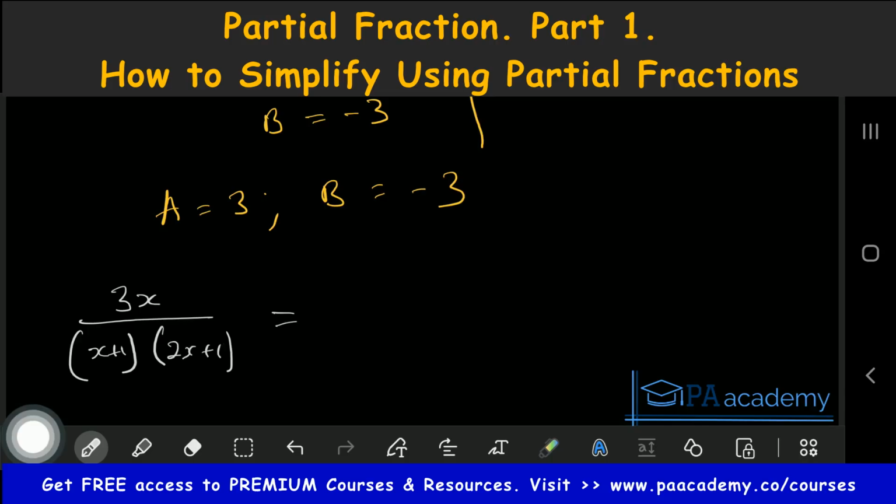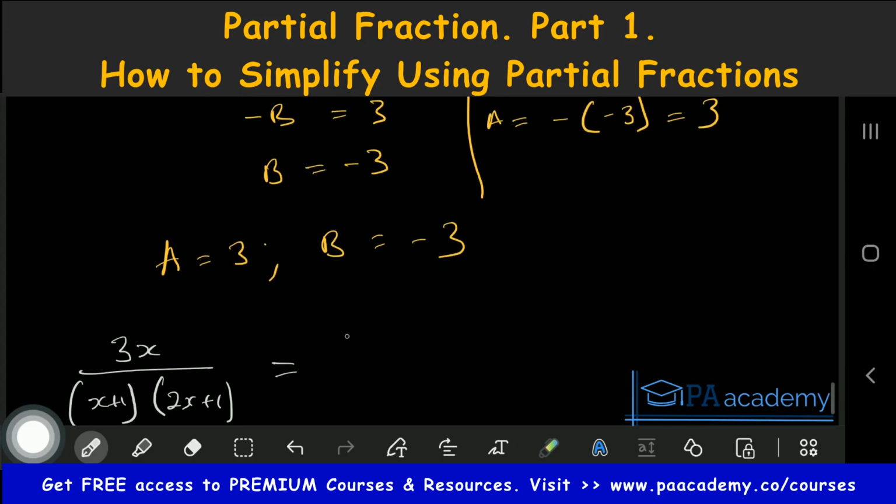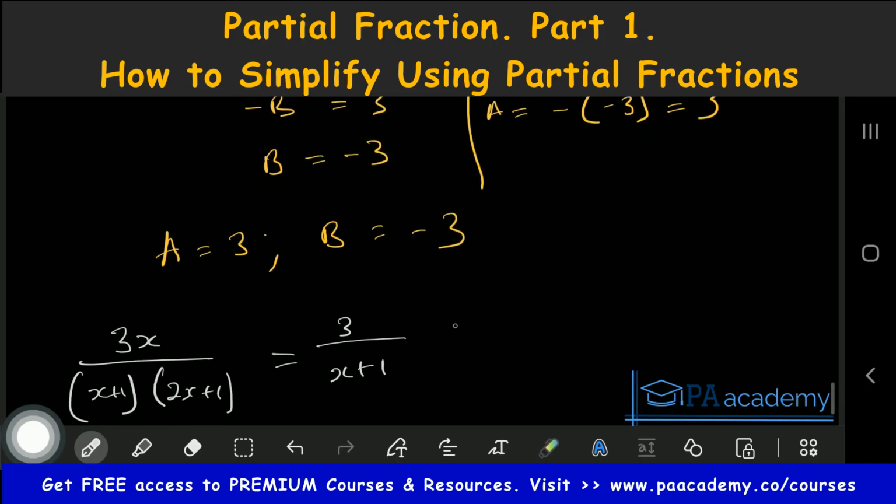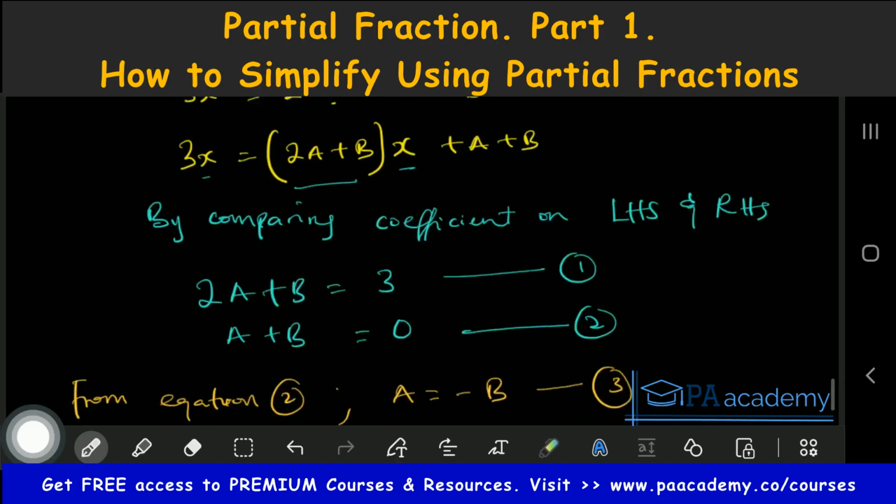So in partial fraction, the value of our a is 3 over x + 1, and then we've got our b to be -3, so instead of having plus minus 3, you can go ahead and put minus 3 over 2x + 1. And this right here is the solution to the question if you have to resolve it into partial fraction.